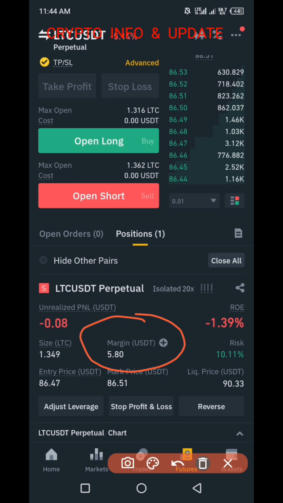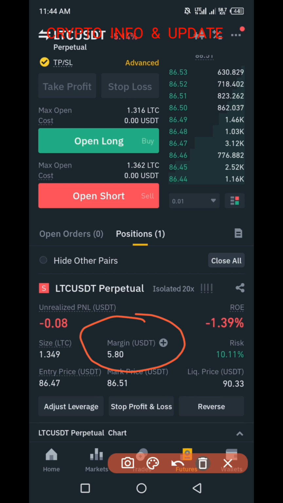So my first margin for the first entry price was added to the second margin for the second entry price after the second entry was filled. When you add them together, you get the new margin, the new trading capital, which is 5.80.